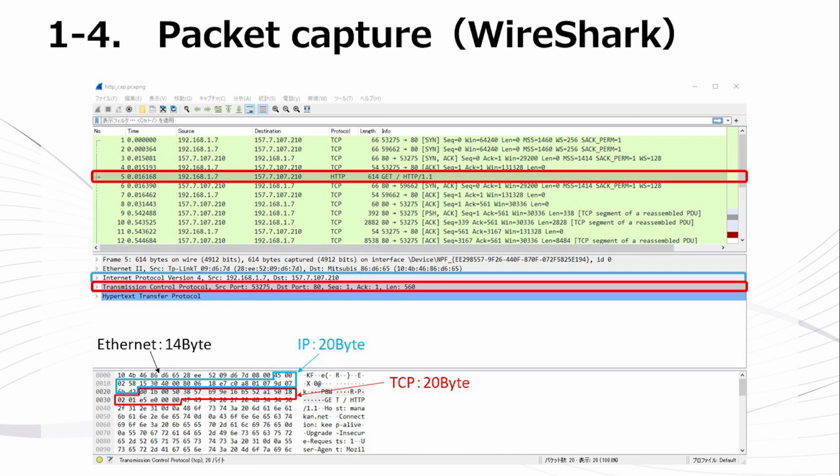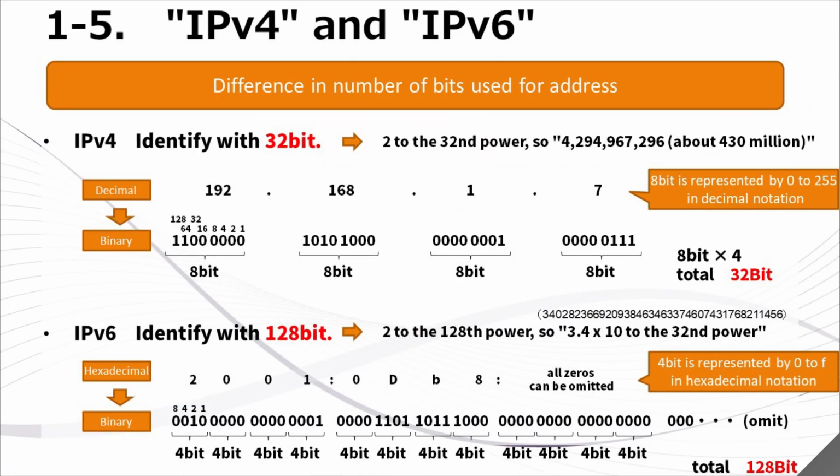As you can see, packets are constructed and sent in the order Ethernet, IP, TCP. It is very useful to check the actual communication and packet contents when you do not understand well, such as troubleshooting. Therefore, this time, I also confirmed it with a packet capture. Also, Wireshark, which I am currently using, is free of charge, and you can use it immediately after installing it on your computer.